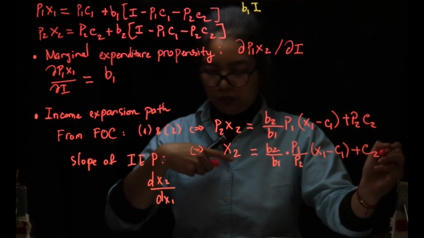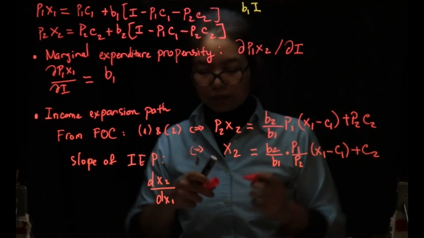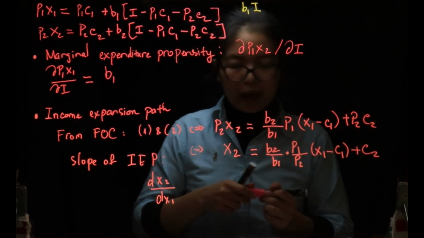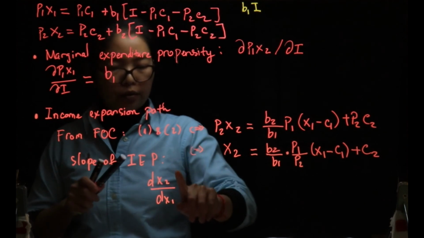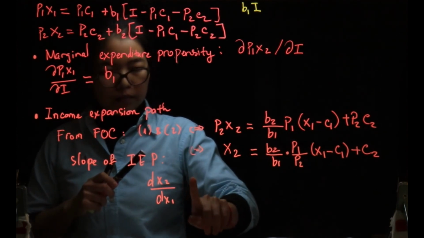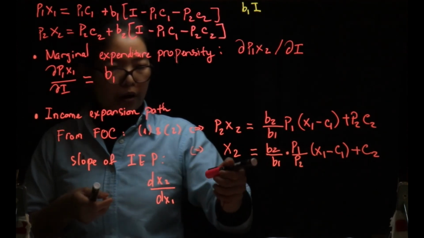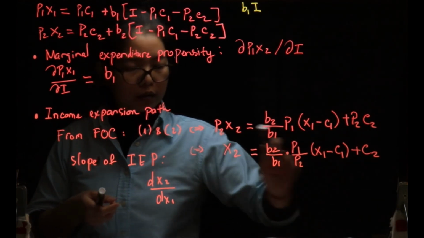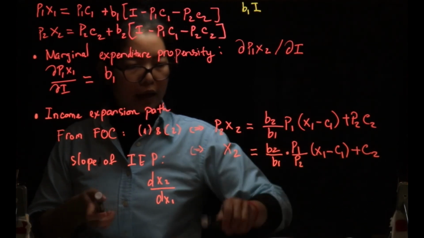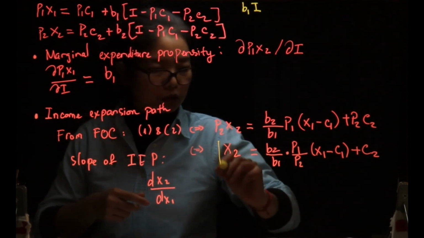C2. And then this income expansion path. So this is actually the equation for the line, not the one above, sorry.